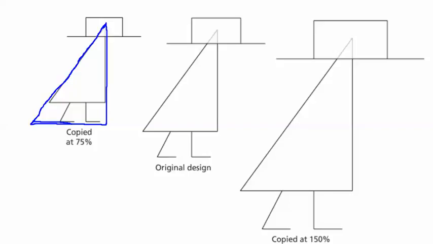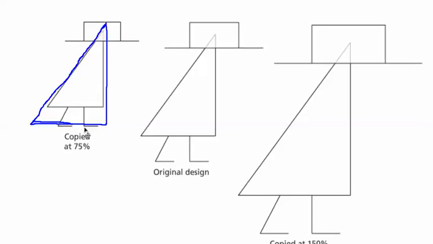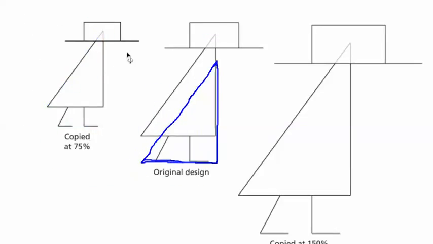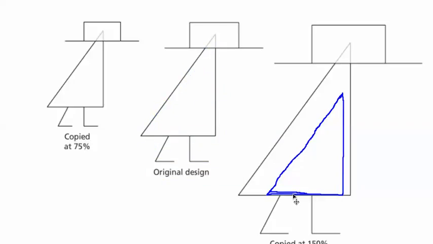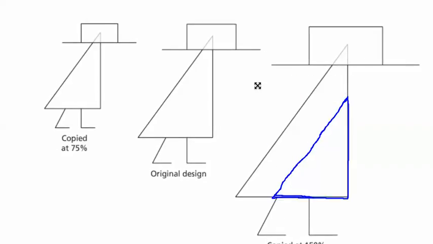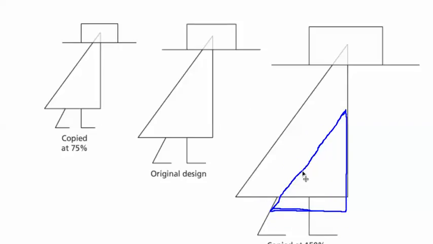Okay, so the perimeter of this triangle is going to be, if this is copied at 150%, you're going to multiply the perimeter of this triangle times 1.5 to find the perimeter of this triangle.